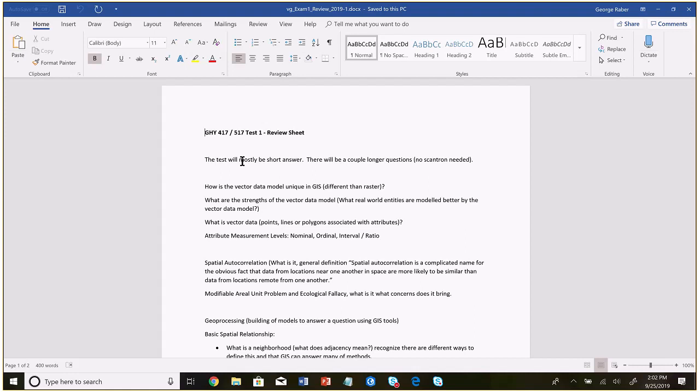A polyline and a polygon are made up of points, and they're stored in one area, and the attributes are stored separately as a table, and they're linked together. But it's basically tabular data with associated points, lines, or polygons. That's the vector data model.